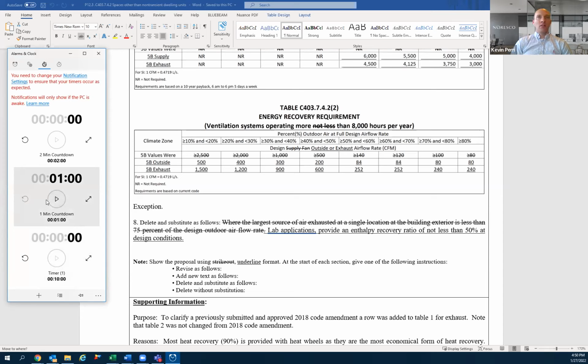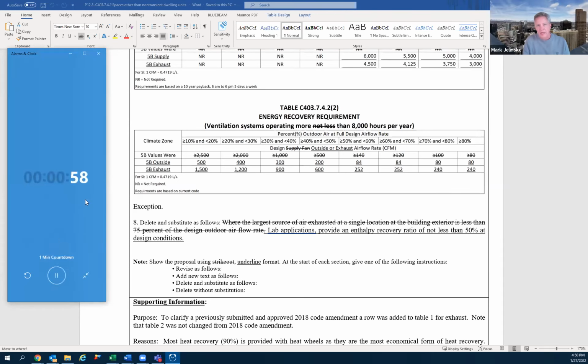Okay, Mark, you're on. Hi there, Mark Zielinski, consulting mechanical engineer. First of all, I highly recommend that you do indeed table this and work with Mike to get it tweaked. I've seen how the sausage works in these things, and you cannot tweak this appropriately on the fly during a committee meeting. You should consider lab and, again, the hazardous exhaust parts of labs, the thing that you're really concerned about in a lab, is already covered in section 514.